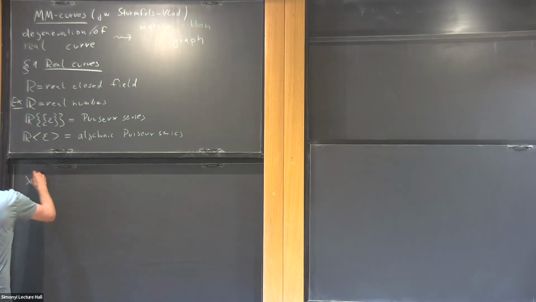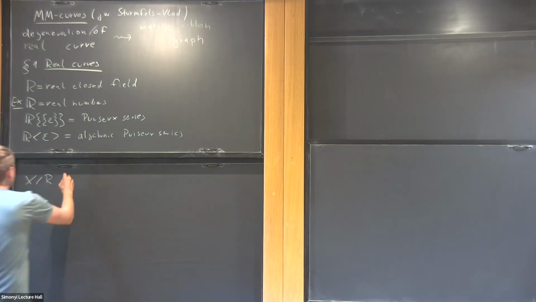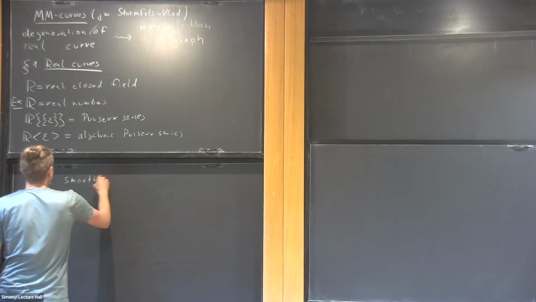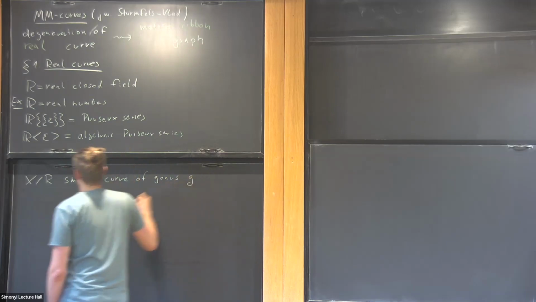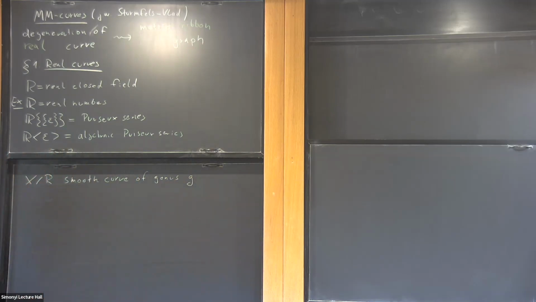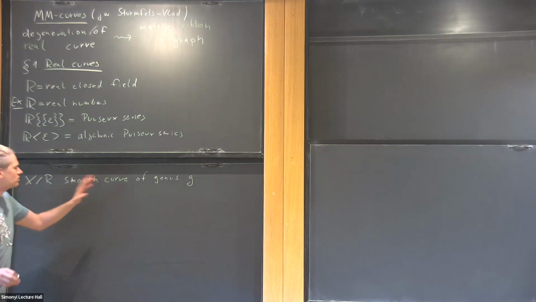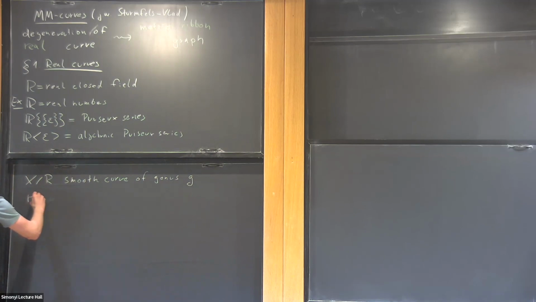So let X be a smooth curve of genus g over our real closed field. And for me, a curve in this talk will always be complete, reduced, and connected, but maybe reducible. Then we can look at the following discrete invariants.